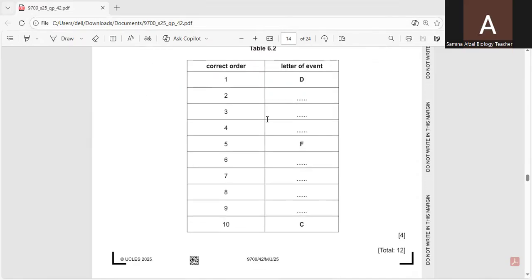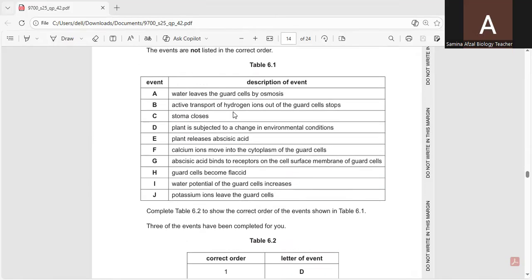They have given number 1 and they have given number 5 and 10, D, F, and C. So it means it will start from the D, and D is plant is subjected to a change in environmental conditions.